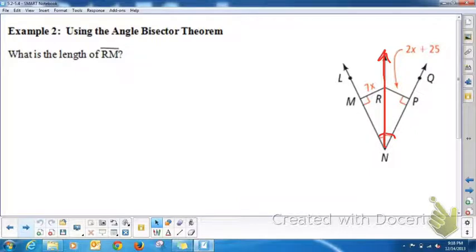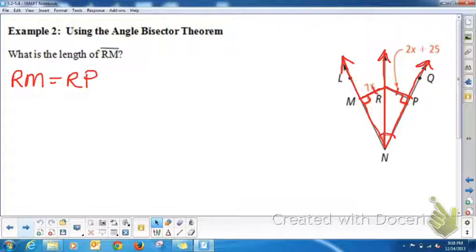We also know that RM is perpendicular to this ray, and RP is perpendicular to this ray NQ. So because it's on the angle bisector and these segments are perpendicular, then we have enough to know that these are equidistant. So you would say that segment RM is equal to segment RP.